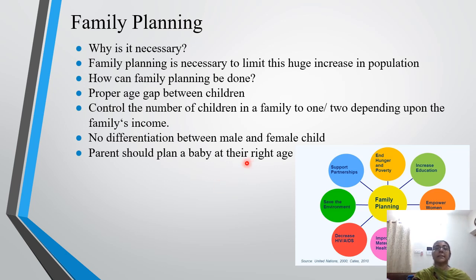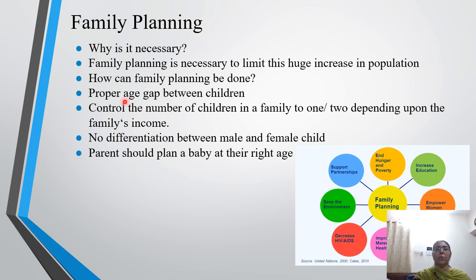So for that, we have family planning. Why is it necessary? As we know, it limits the huge increase in the population. We can maintain a proper age gap between the children, and control the number of children in a family to one or two depending upon the family's income.